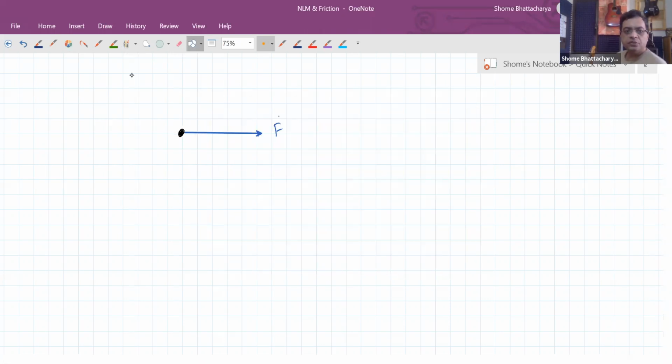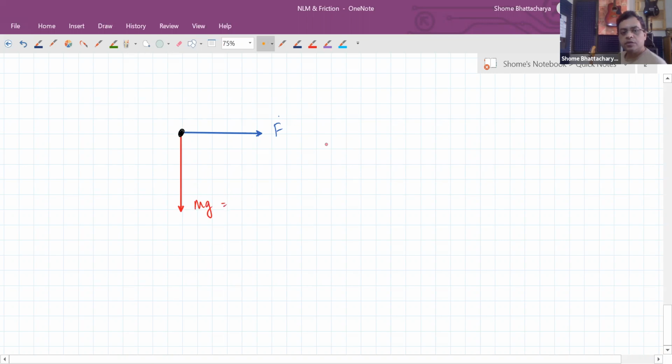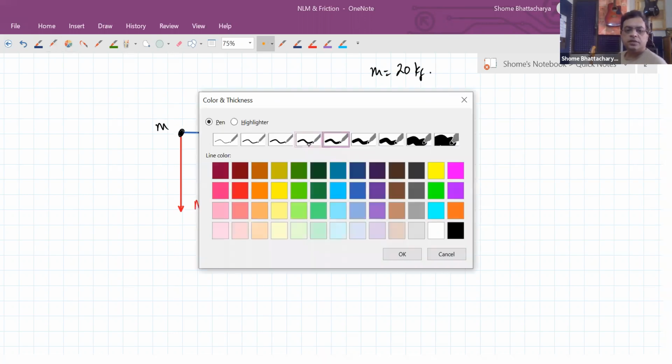Obviously, the weight of the body which acts vertically downwards. And that will be, in this case, 200 newtons, because the mass of the body was 20 kilograms.